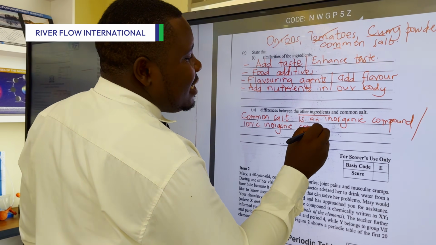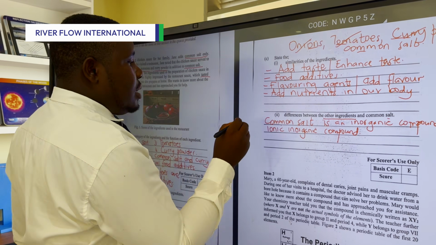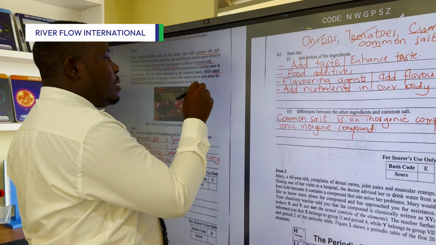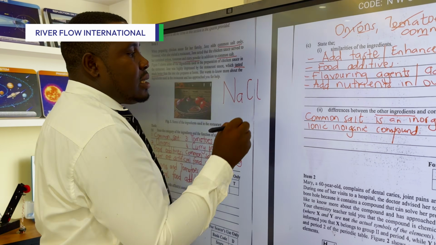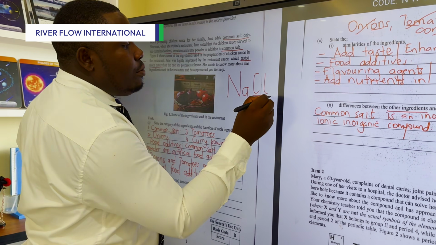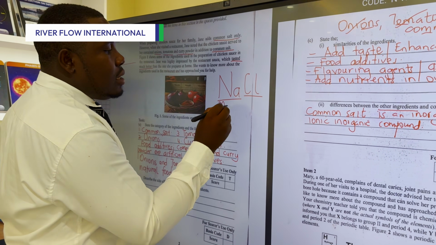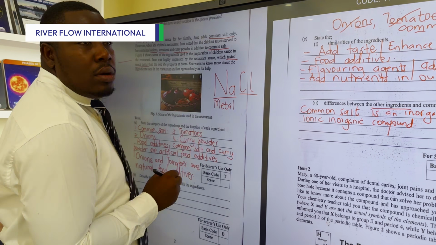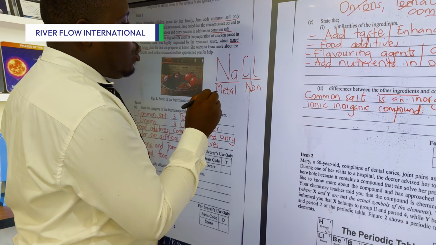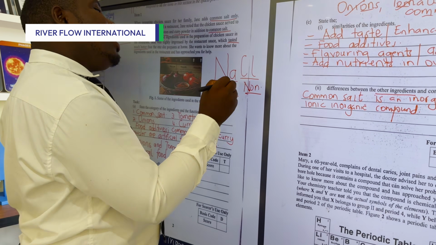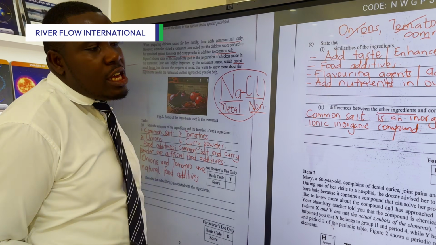Now there you have added some good chemistry. The ionic, remember we say that sodium chloride is written as NaCl as its chemical formula, made up of a chloride and a sodium. This one is a metal, and this one is a non-metal. And we know a compound formed between a metal and a non-metal is held together by an ionic bond, and it is also called an ionic compound.